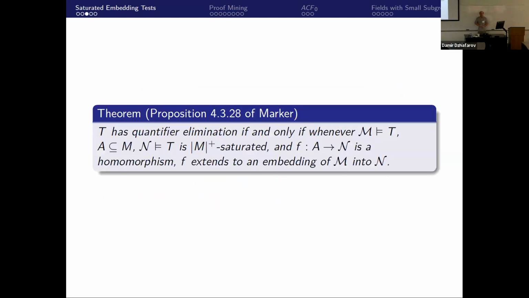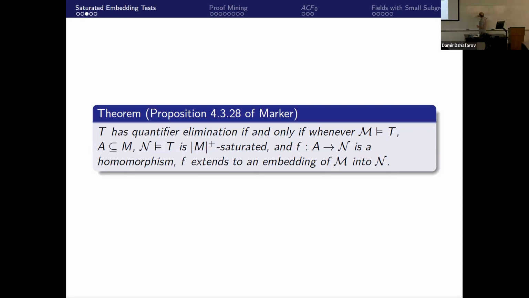So here is an example of what these tests look like, and I'm citing this directly to Marker's textbook, just to point out this is a very standard technique that you can find in standard textbooks on model theory. This is a typical example of what a saturated embedding test looks like. So the picture really looks like this.